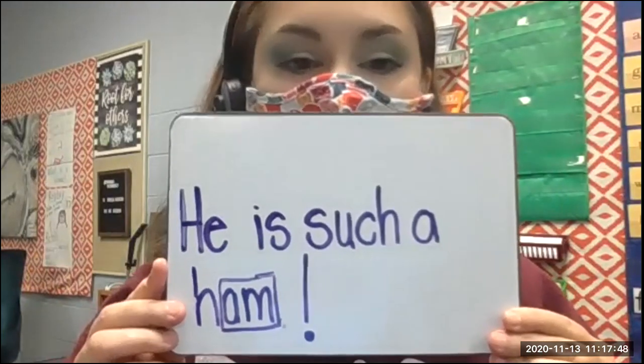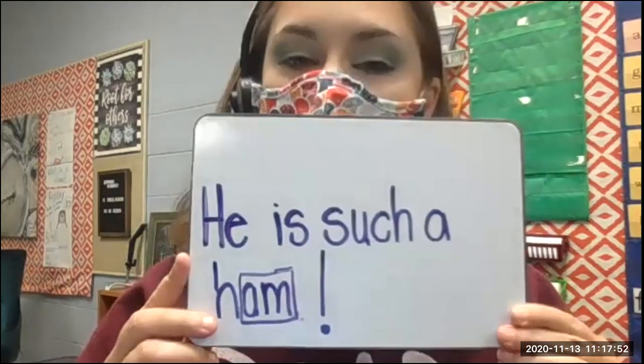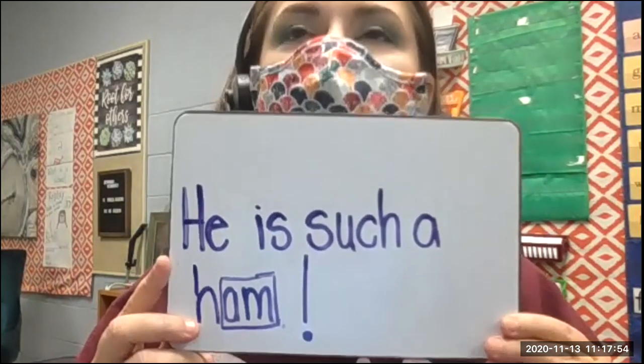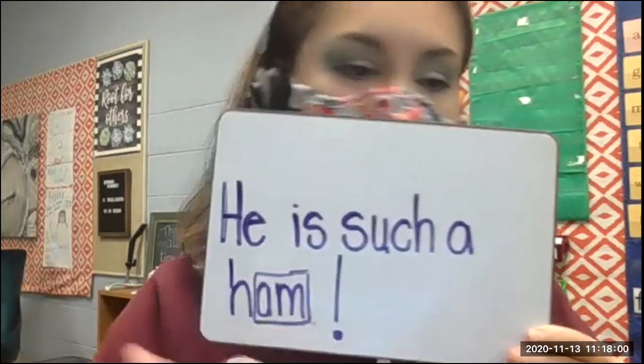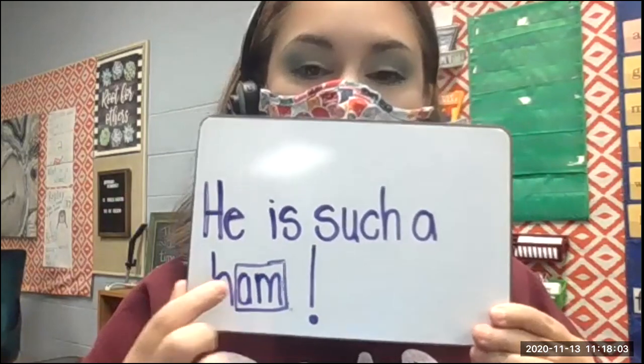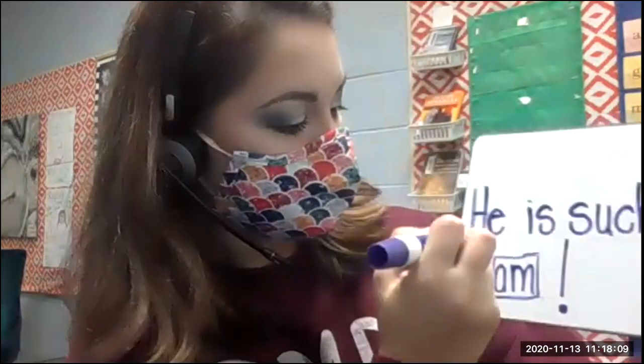So it would look like this. That lets us know to read it with excitement. He is such a ham. Now let's see how we would scoop that. He is such a ham is how we say it. So we would scoop. He is such a ham. So since mine goes down to the next line, I'm going to scoop it like this. I'm going to get he is such as one scoop.